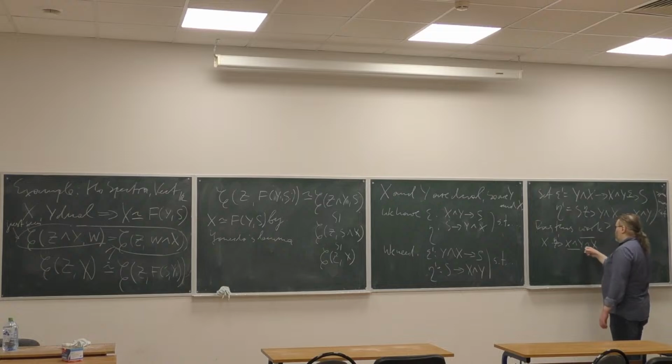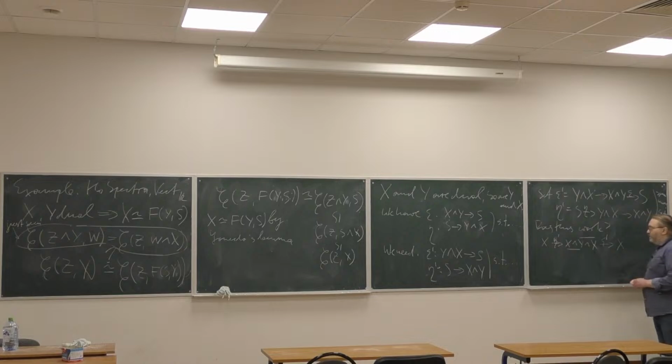And then we collapse Y wedge X on the right, and the whole thing needs to be the identity. Well, let's see if it works.